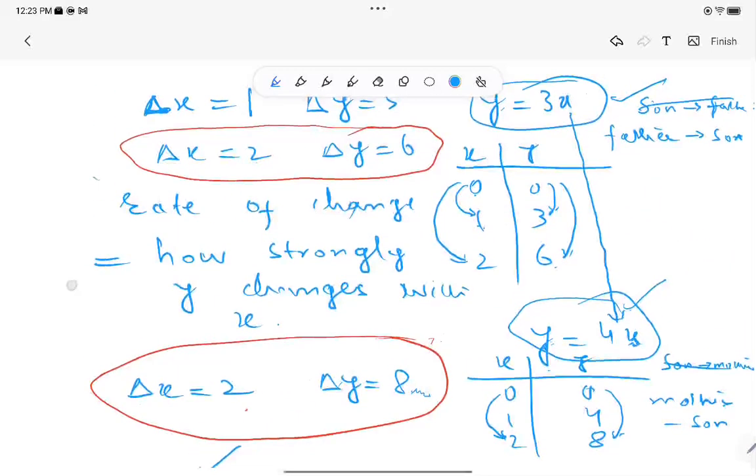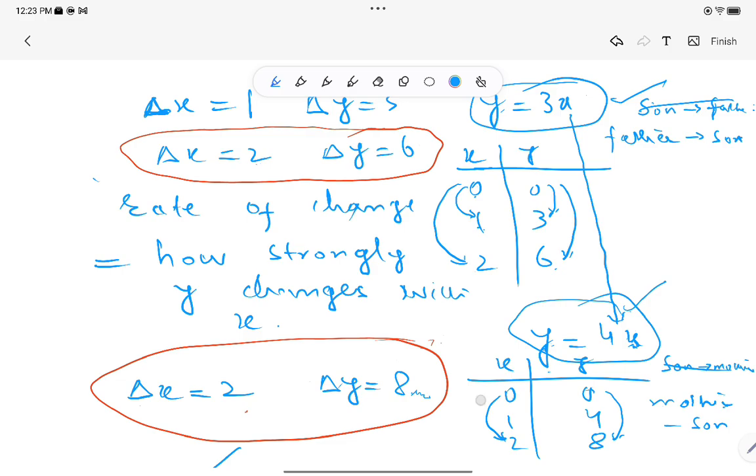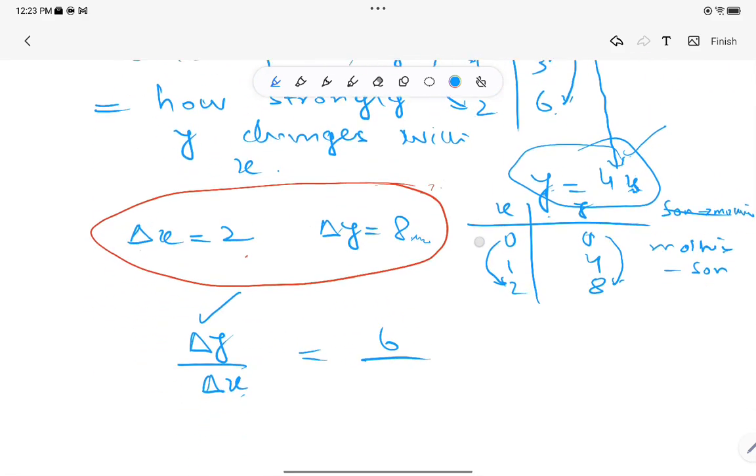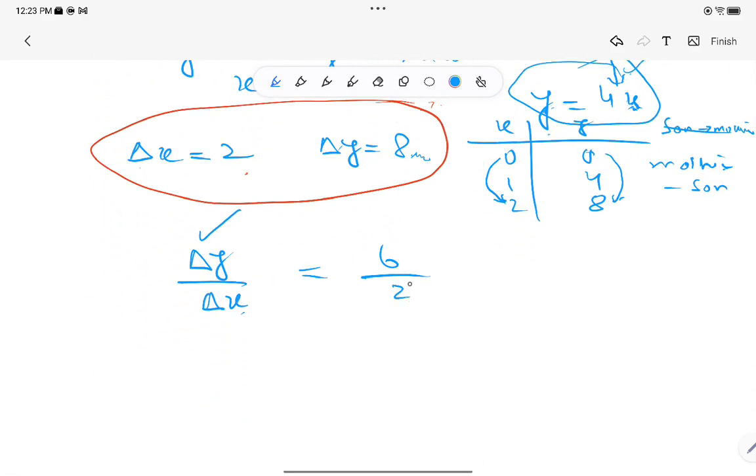How? You can see yourself. Take the change in y. What is the change in y here? That is 6. Divided by the corresponding change in x, that is 2. 6 by 2 is 3. So if you had changed x by 1 only, you would get a change in y equal to 3.